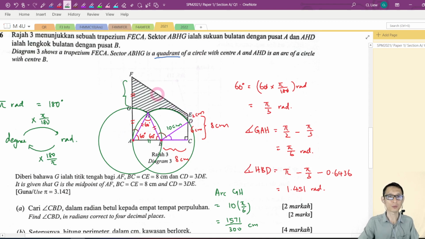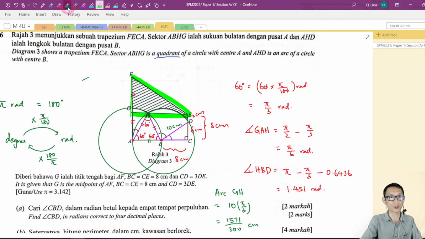But now we have a problem, which is we don't know the length of EF. Okay, let me add a line over here. Now, do you see a right angle triangle here? Right? We know that here is actually equal to 10 plus 8, which is equal to 18.